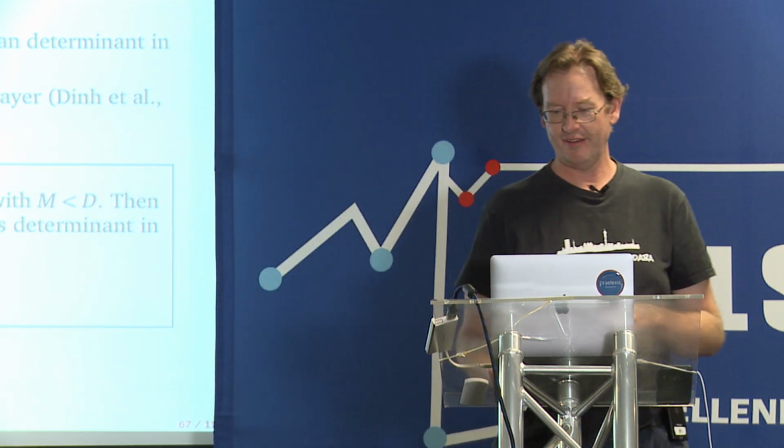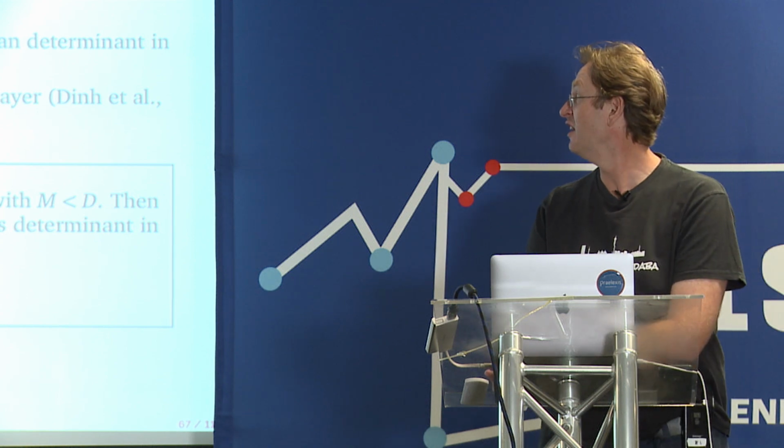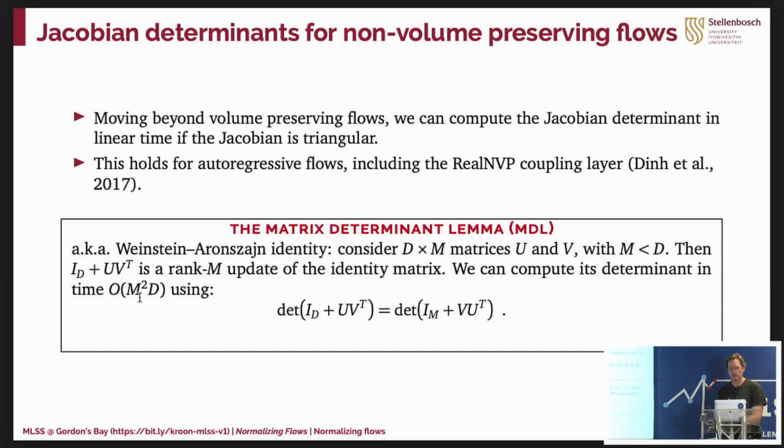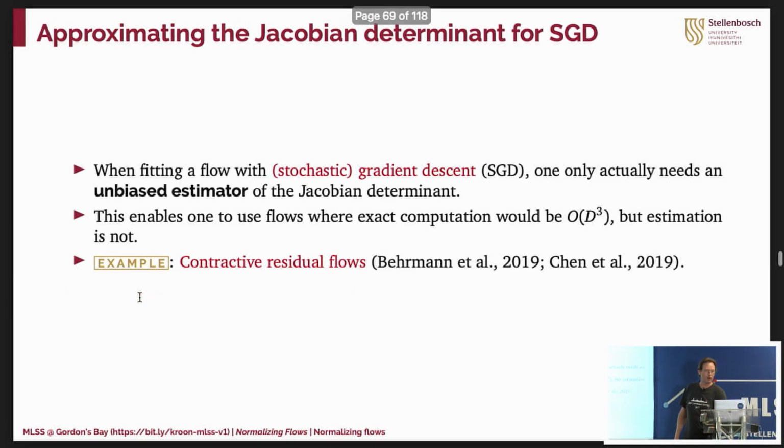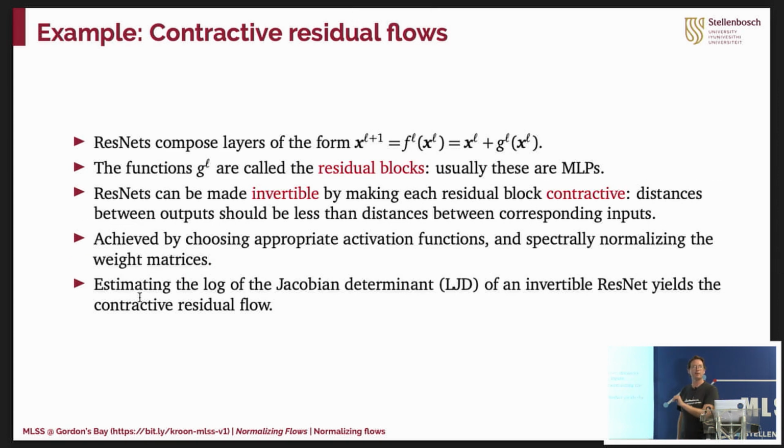So there's a lot of activity in that space over there. I'm not going to go into exactly how we know that this is a rank M update, but what I want you to note here is that there's a common neural network architecture where you're going to get a Jacobian that looks like the identity plus something, and that is a ResNet.